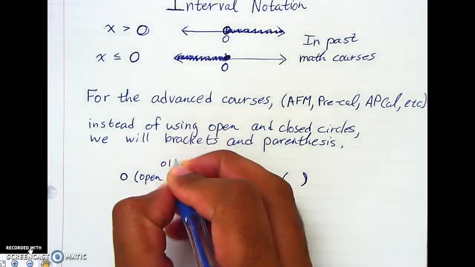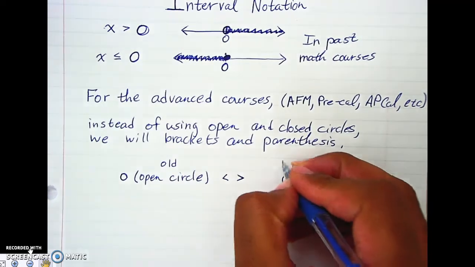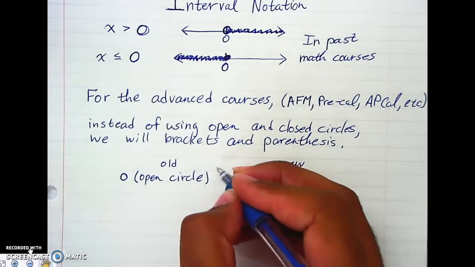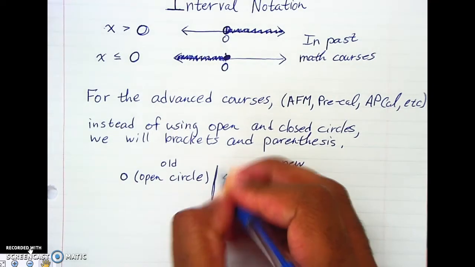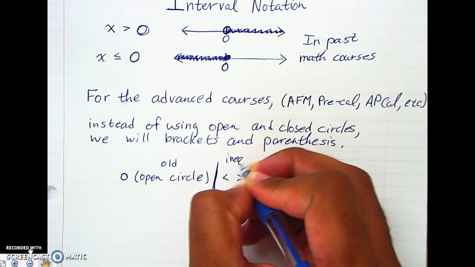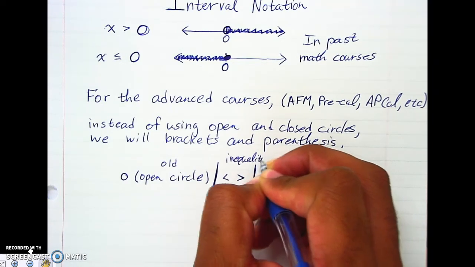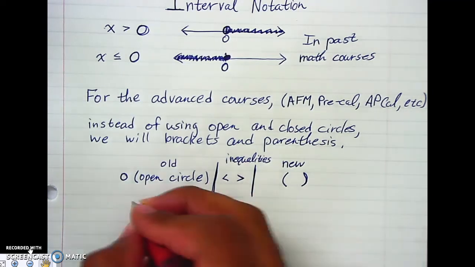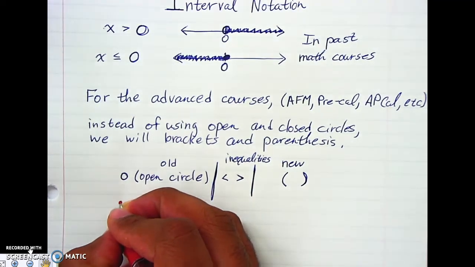So this is our old way. This is our new way. And this is our inequalities inside of here. Okay, so again, the old way for the other part was the closed circle.